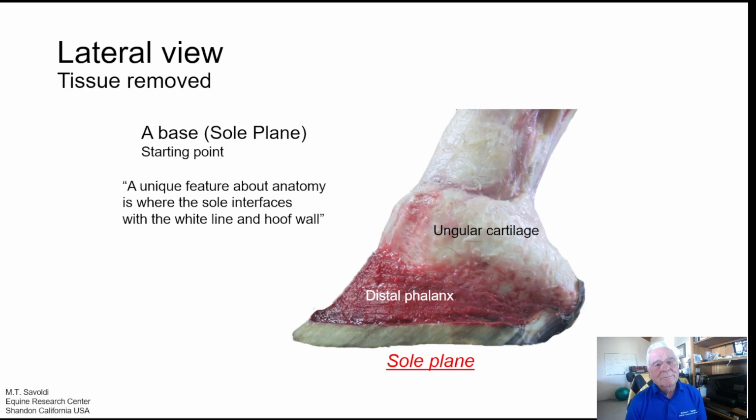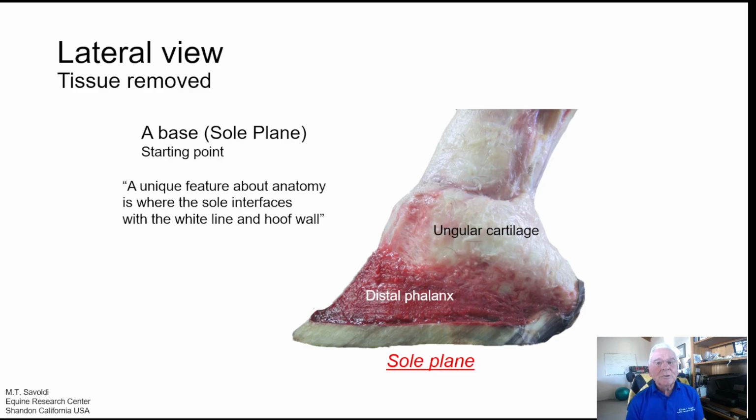So a base. We always need a base to understand the capsule and what position the capsule is in and what position the P3 bone may be in. So a base, the sole plane, is my starting point because it's, again, very reliable.